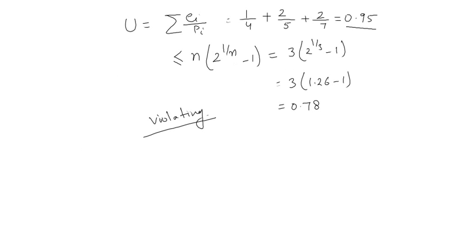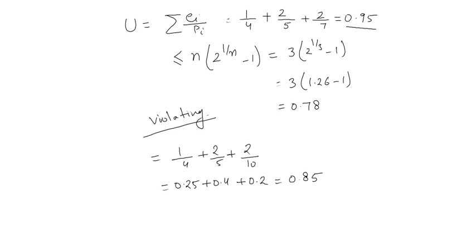Okay, so what I did here, I changed the period of the third one, so the rest of the things will be the same. It will become 2 by 10. So what will this be? 1 by 4 is 0.25, 2 by 5 is 0.4, and 2 by 10 is 0.2. So this is 0.85.